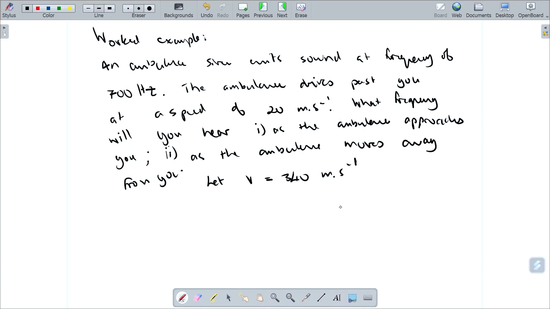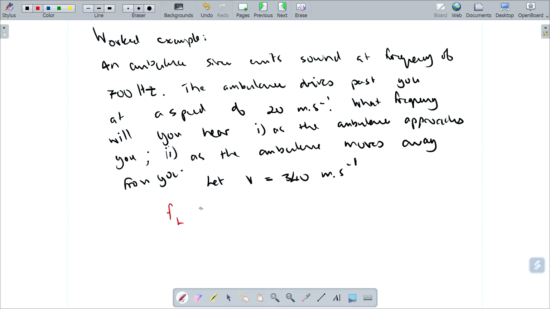Okay, so now we can do the calculation. We know that this is a Doppler effect question because we have a relative motion of the producer of the sound and of the listener.